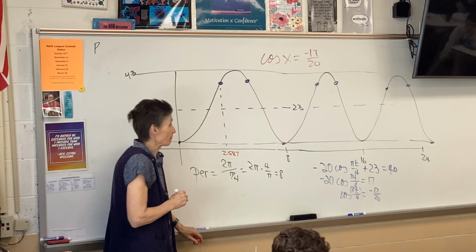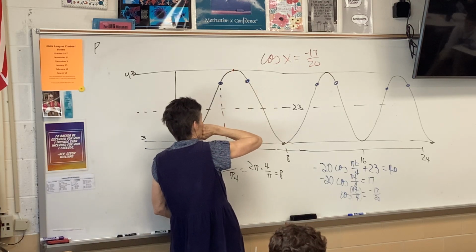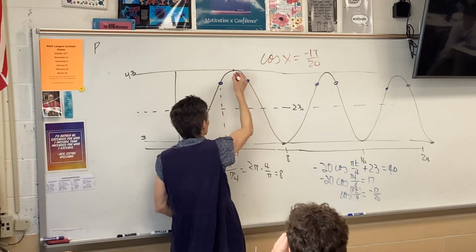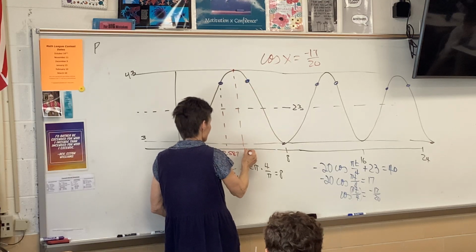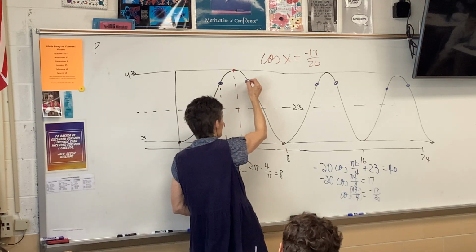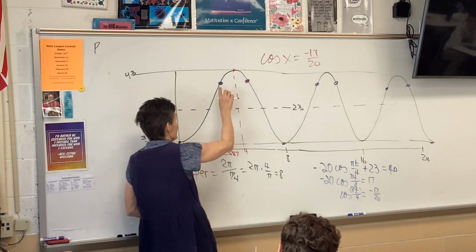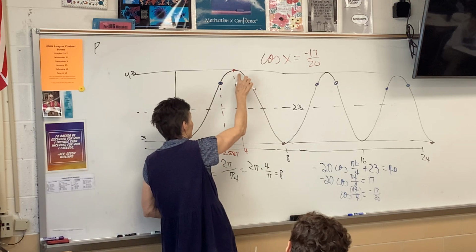Okay? Now, what's this up here? 4. That'd be 4. Wouldn't that be 4, guys? Right? So now I have to figure out this one. I can do it really easily. Isn't this going to be the same as this?